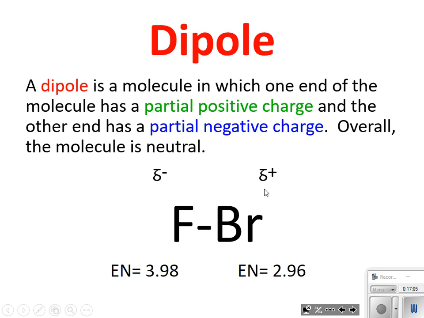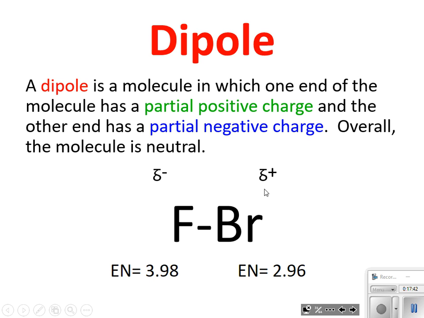Another way that I've seen this written is a plus sign with an arrow pointing like this. The arrow points to the negative end, the one that is pulling more. I'll show you that in a second, but that's just to make note of that arrow with the plus sign at the end of it.